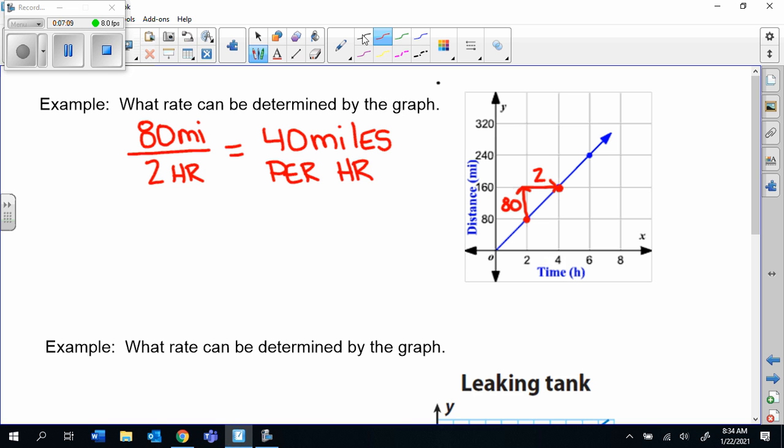If you didn't want to look at the graph and count it out, personally, I like that option better if it's possible to do that. I would say, well, gosh, this point right here is the point (2, 80). And this point right here is the point (4, 160). But of course, your book puts this section before you've learned the slope formula.